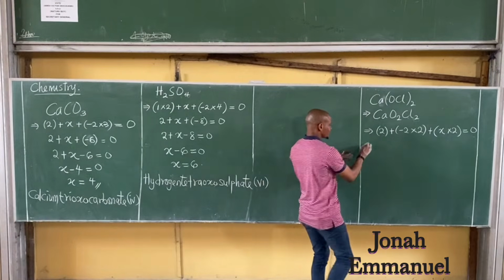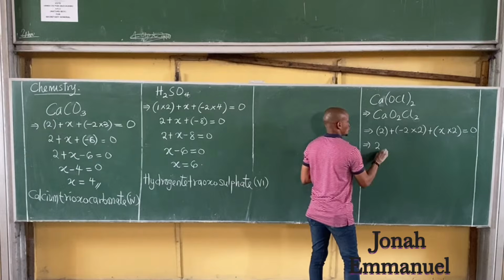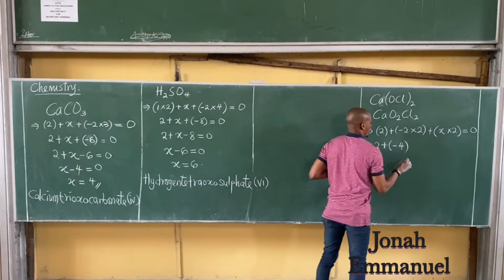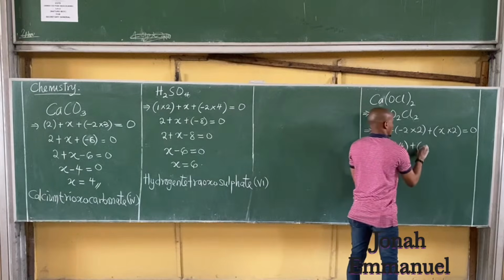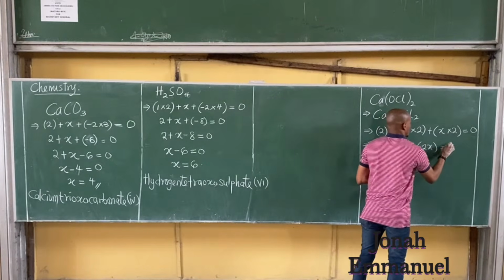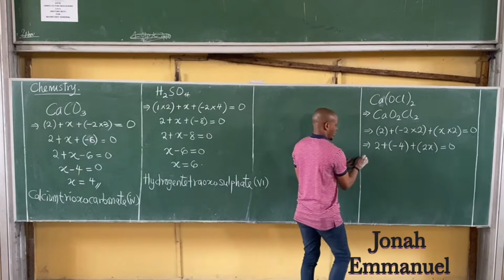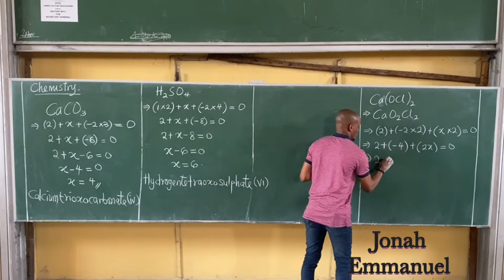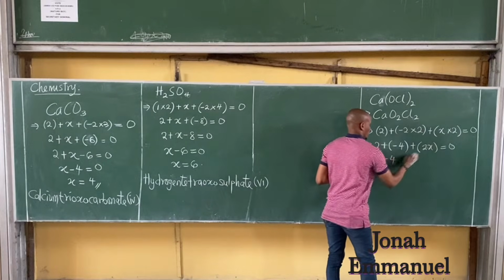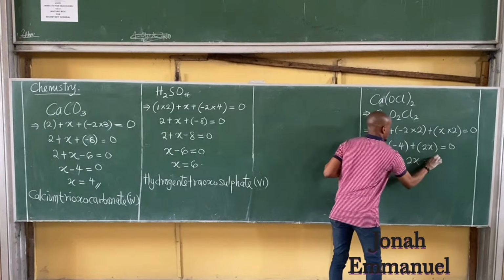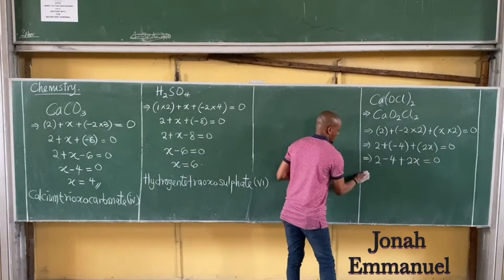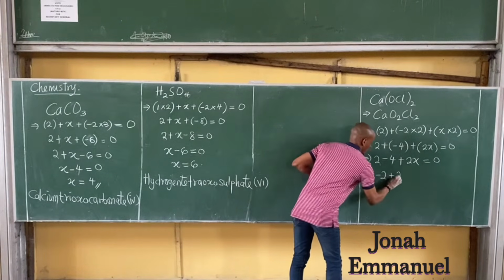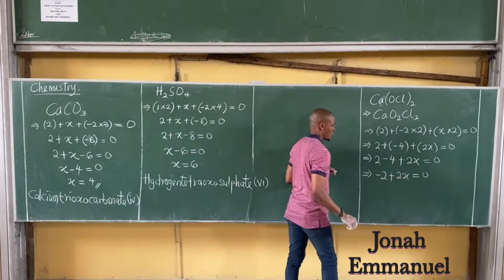Work this out. This gives you 2 plus -4 plus 2x equals 0. Take out the brackets: 2 minus 4 plus 2x equals 0.